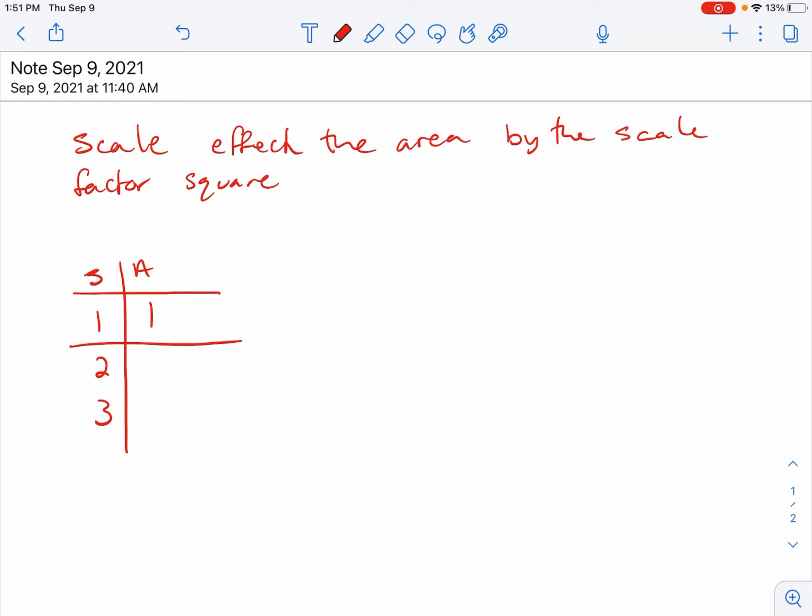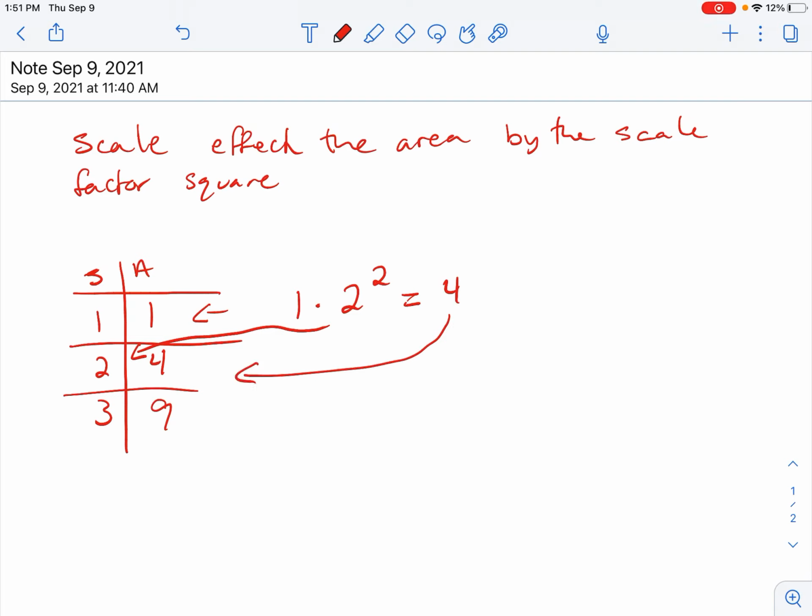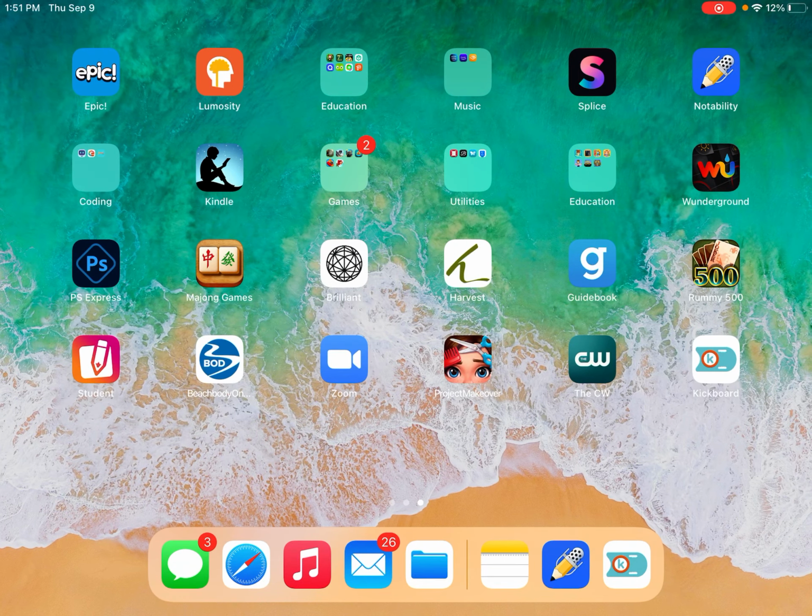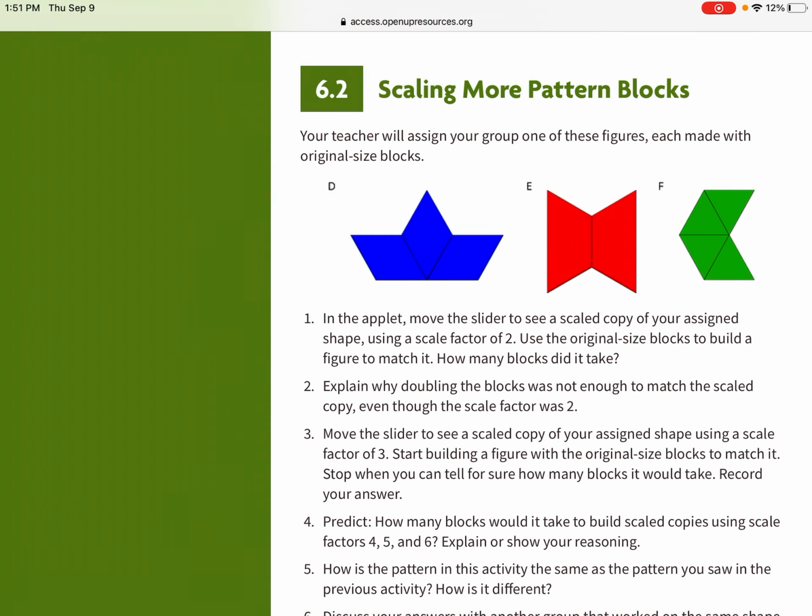When the scale was 2, it was 4. And when the scale was 3, it was 9. So we're taking the original area times our scale squared to get our new area. And that works for each one. 1 times 3 squared equals 9, and so on. So that's what we're looking at here.